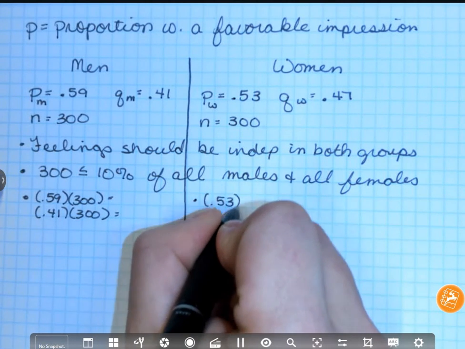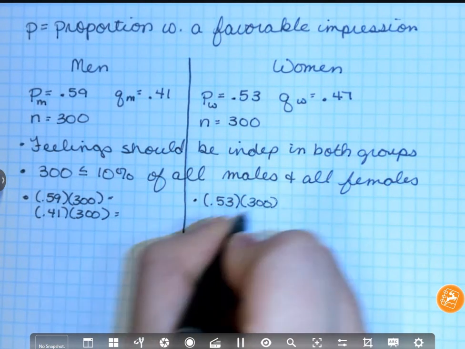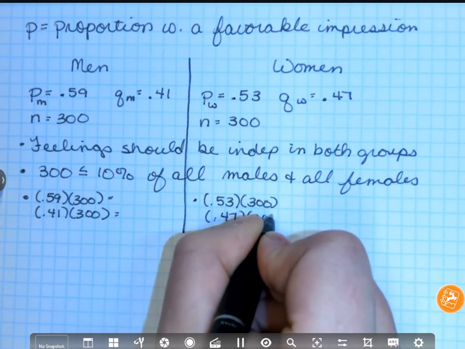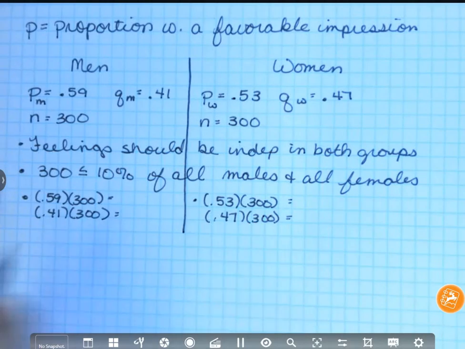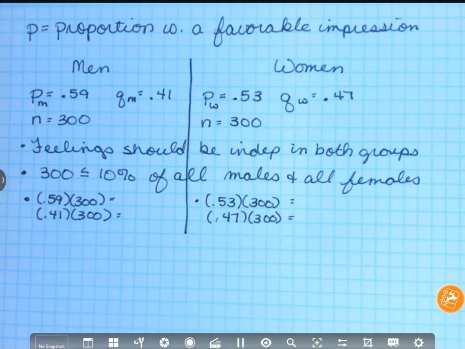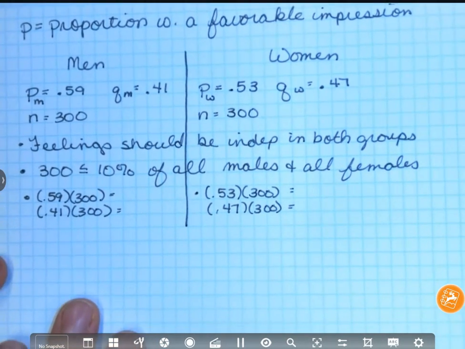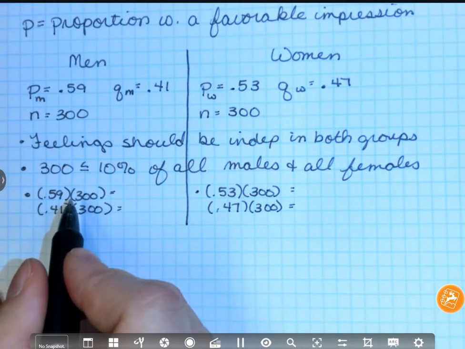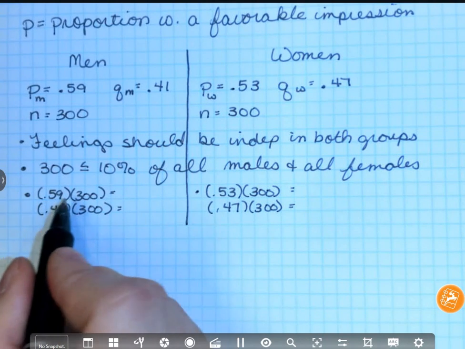I'm going to do 0.53 times 300, and 0.47 times 300. So come on, you guys have calculators. You've got this. This is an easy button to hit. Round it out to the nearest tenth for me. What is 0.59 times 300?